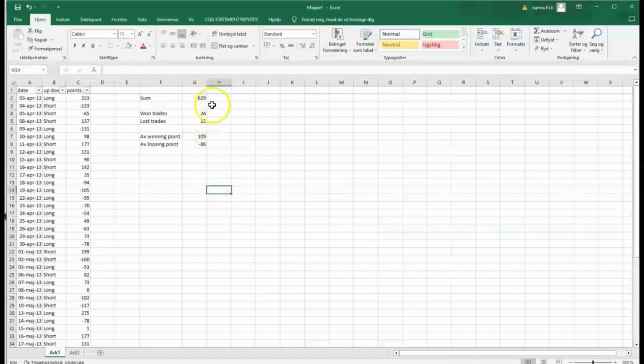There is a sum of 629 points. And then I have won 24 trades. I have lost 23 trades. And don't look at the date out here. It's random. It's just something I added. And so I win about half of my trades.